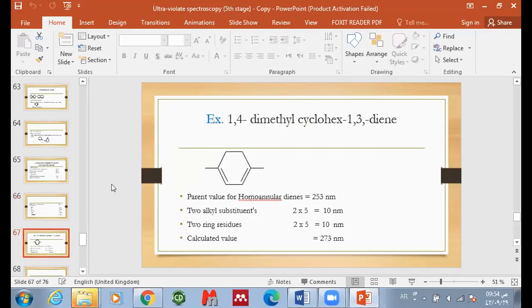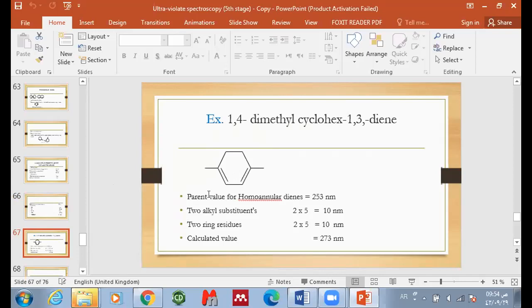We have an example, 1,4-dimethylcyclohexa-1,3-diene. So we have a practical example here. This is the molecule. It has internal conjugation here.